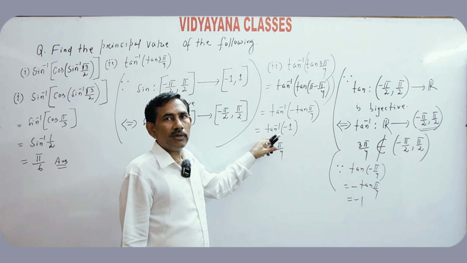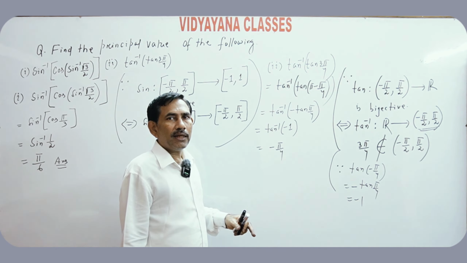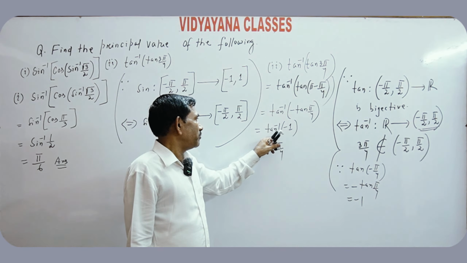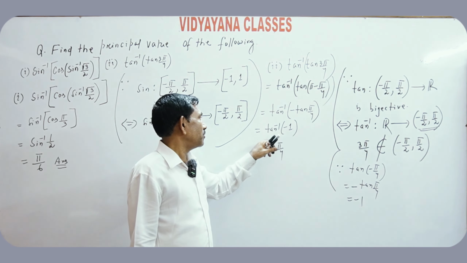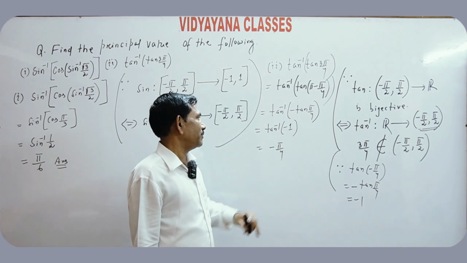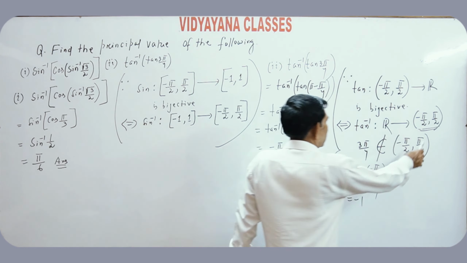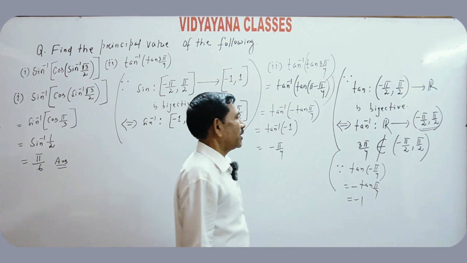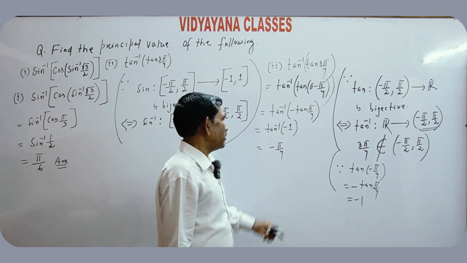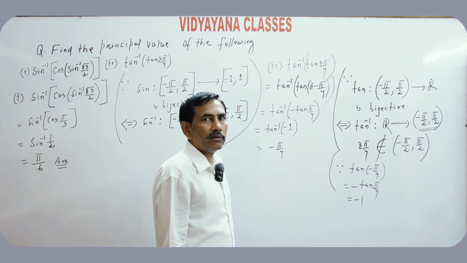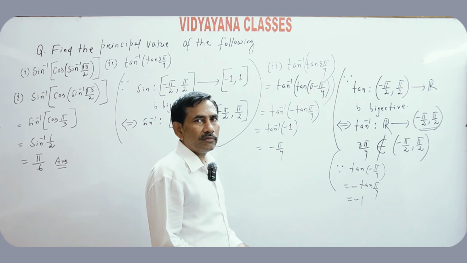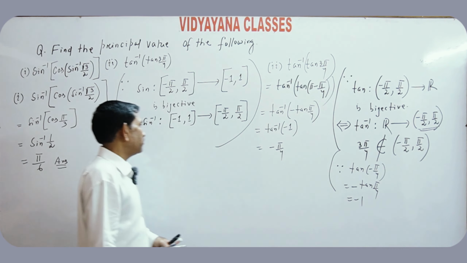Tan inverse of minus 1 represents a radian angle, which is minus pi by 4. Clear? Okay, note down.